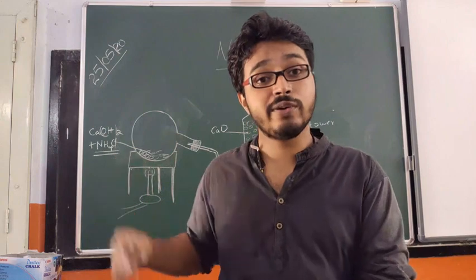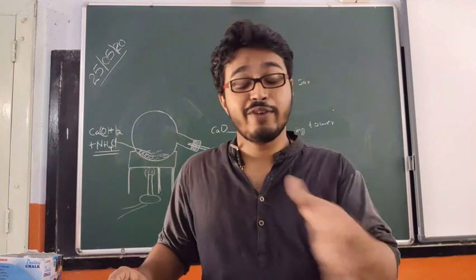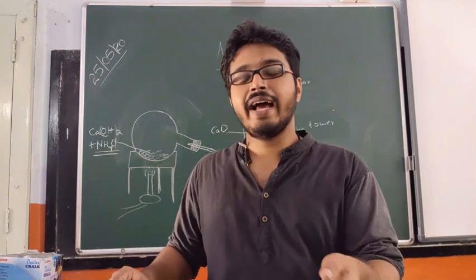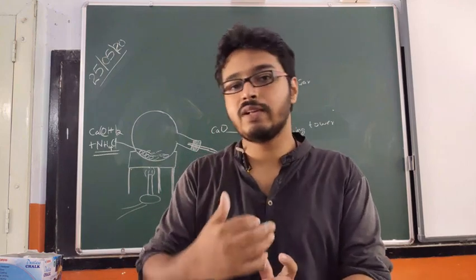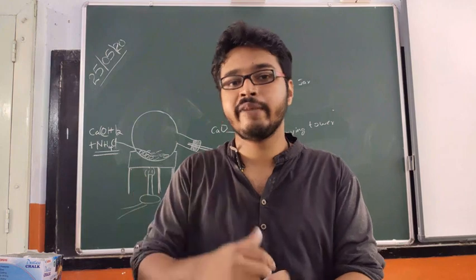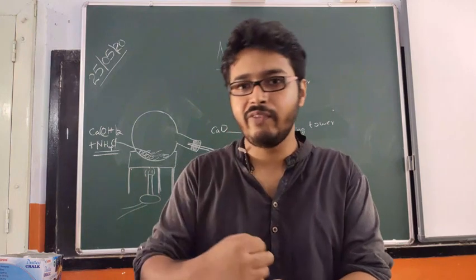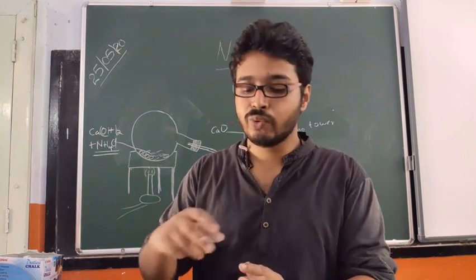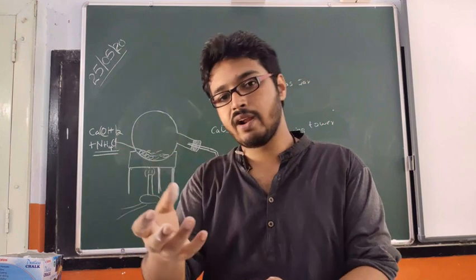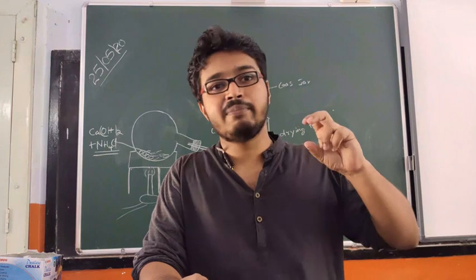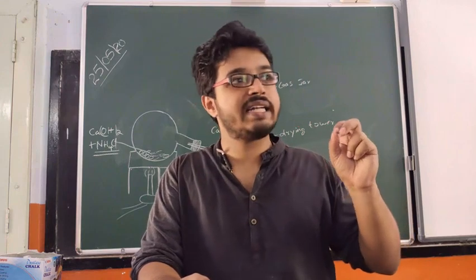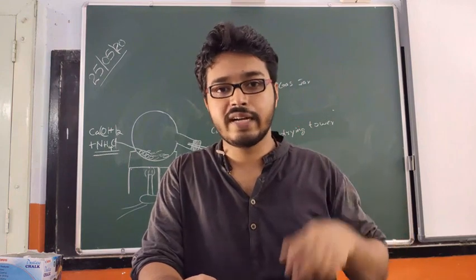You will know when you go to the lab. NaOH, KOH and Ca(OH)2, all three alkalis, we normally get in pellet form. Pellets have almost the same structure as the tablets or medicine that you take.